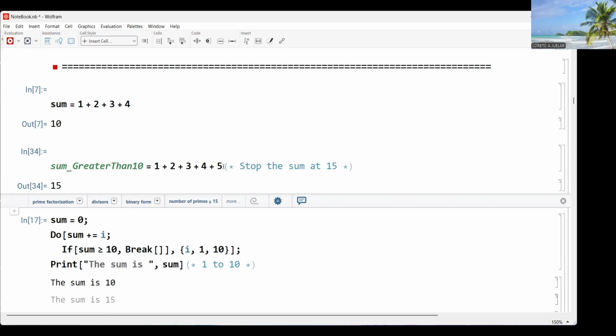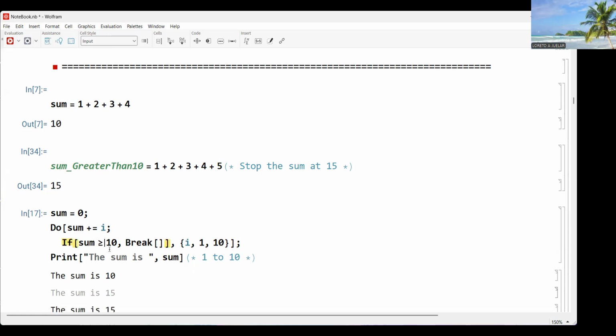But at 5, you have to stop because the problem here is you have to stop at greater than 10. Right, greater than 10. So we have here greater than 10. Okay, so we have 15.